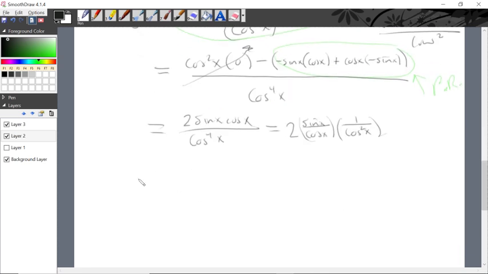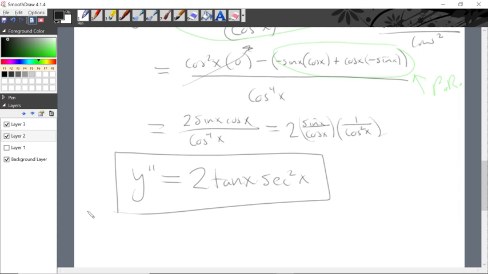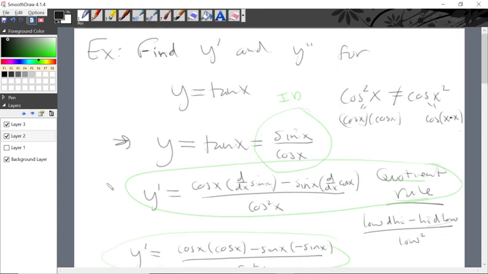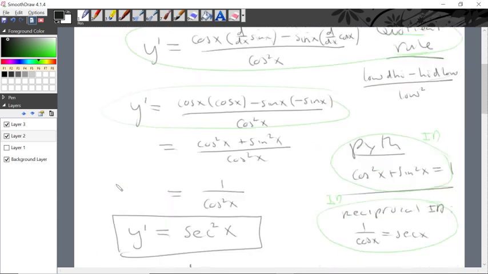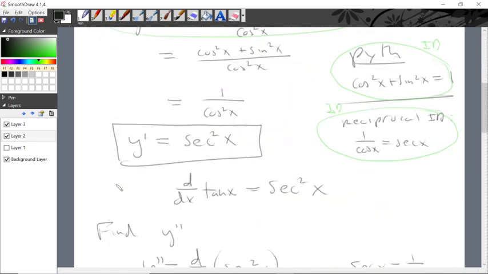And now we use some identities, and we'll say then y double prime is 2 times the tangent of x, since sine x over cosine x is tangent x, times secant squared x. So I got the second derivative of the tangent function by taking the first derivative of secant squared.